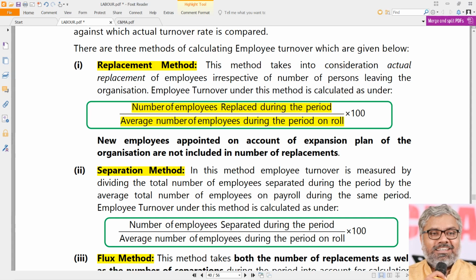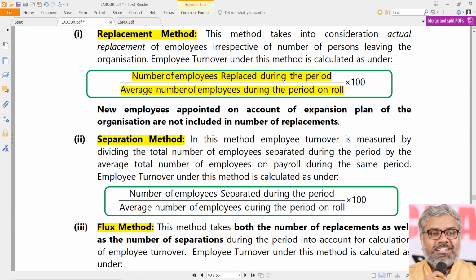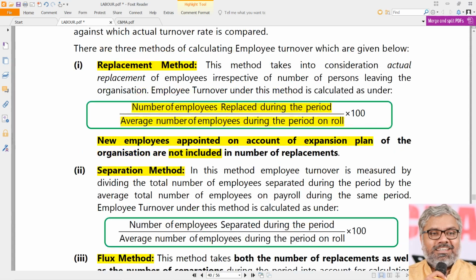And numerator is what? In this year actually how many employees are replaced? So here how many employees are replaced will be in the numerator. However, point to be noted important. New employees appointed on account of expansion plans are not included here in the replacement. Replacement means what? The name itself indicates there should be one person going out and one person coming in.